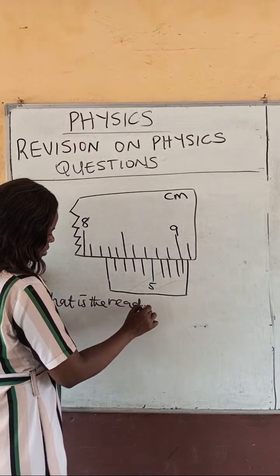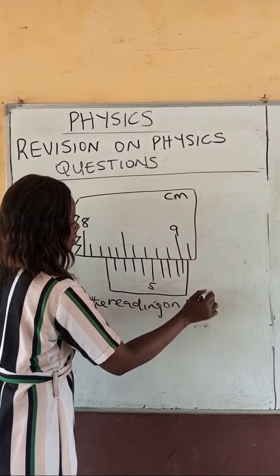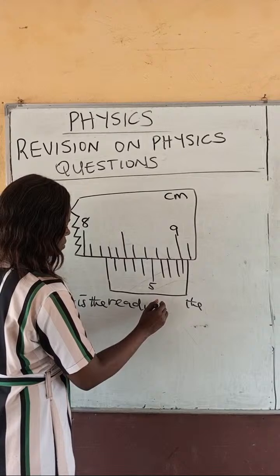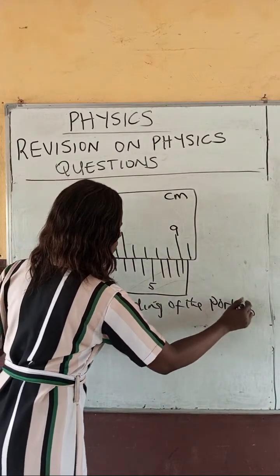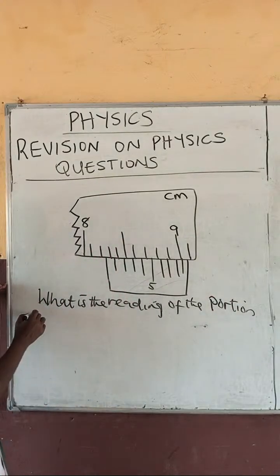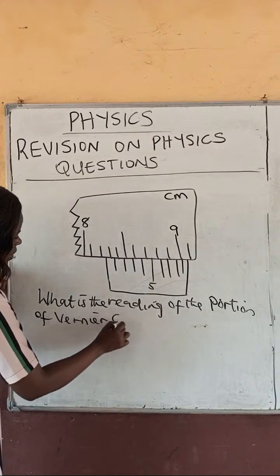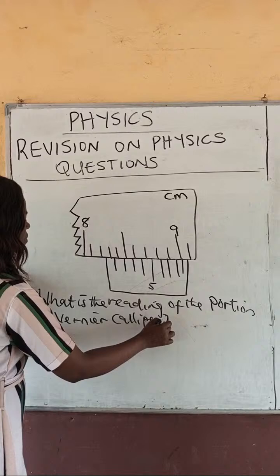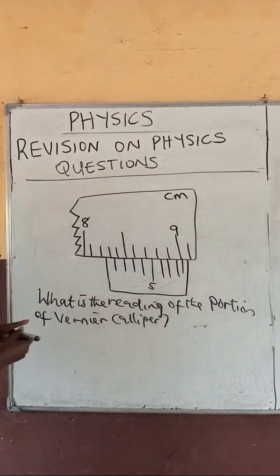What is the reading of the portion of vernier caliper? What is the reading of the portion of the vernier caliper?